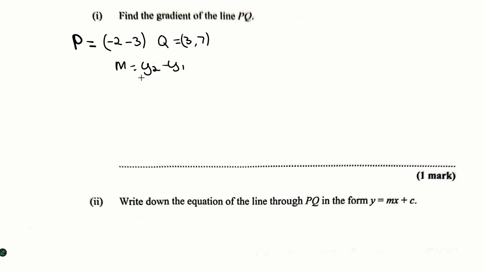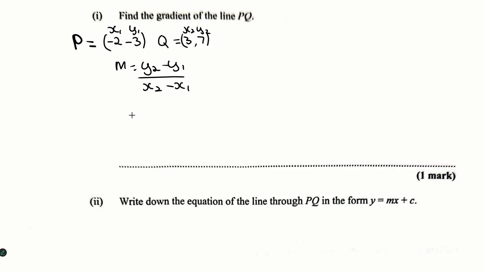minus y1 over x2 minus x1. It's up to you to choose which one is point 1 and point 2. I'm just going to put it in the order I wrote it. This is x1, this is y1, and this is x2, y2.